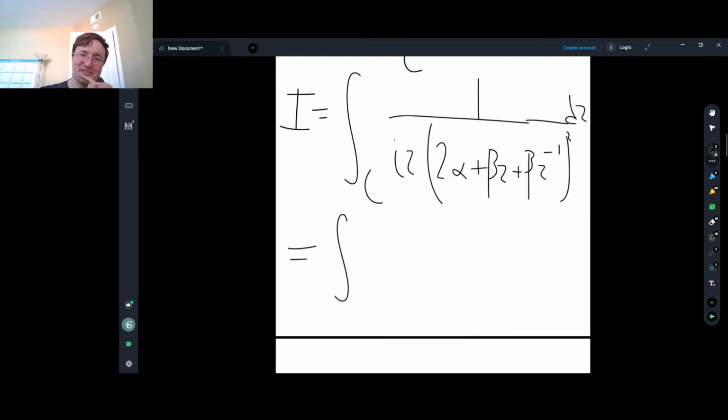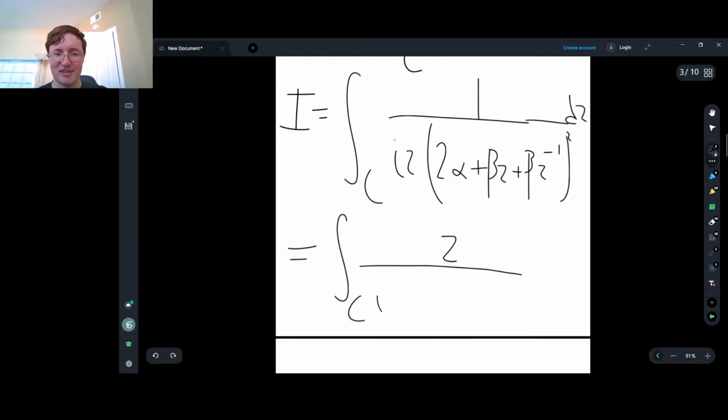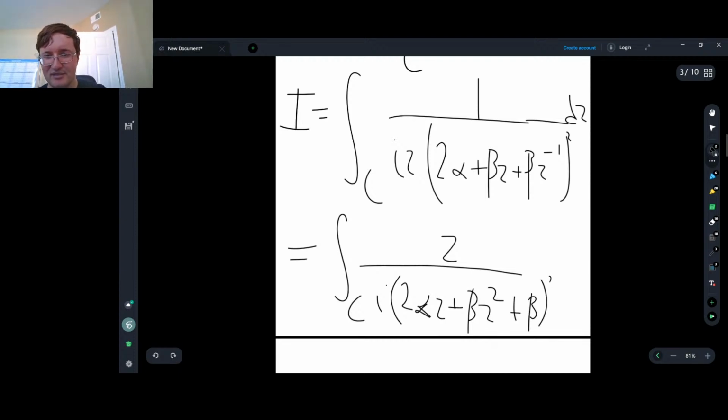Okay, so it's going to be, I have a z in the bottom, but I want a z squared to clear the denominators. So I'm going to get a z over i times z squared times this thing. So it's 2 alpha z plus beta z squared plus beta, all squared.